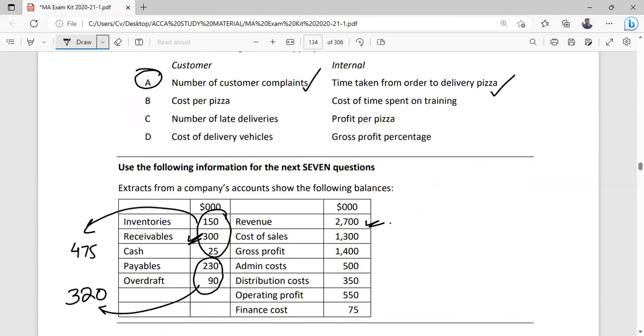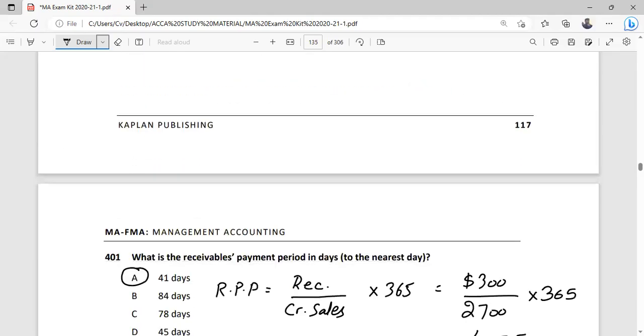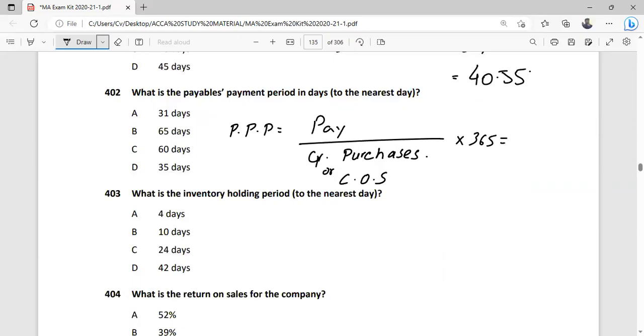Payables are 230 and cost of sales is 1300. So 230 divided by 1300 into 365. It is almost 65 days, 64 point something, so you can call it 65 days. Any question?